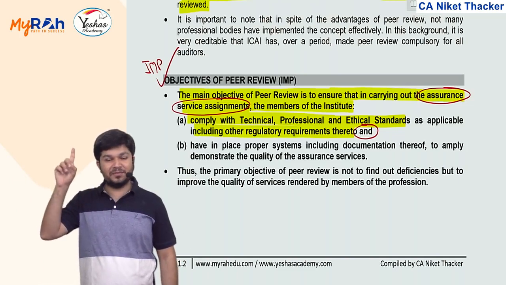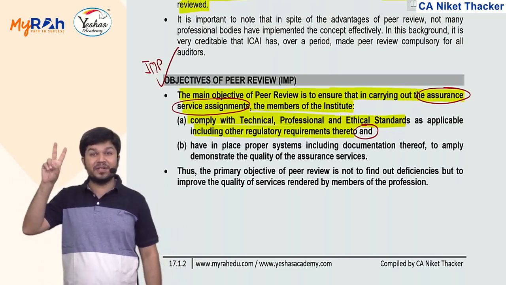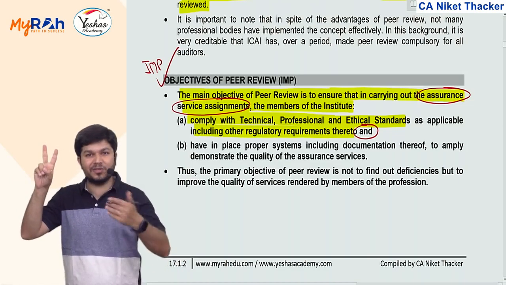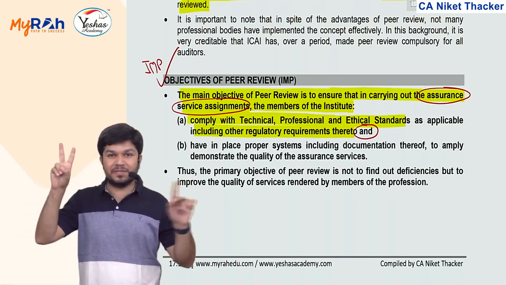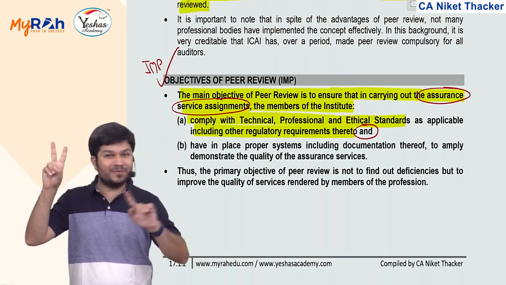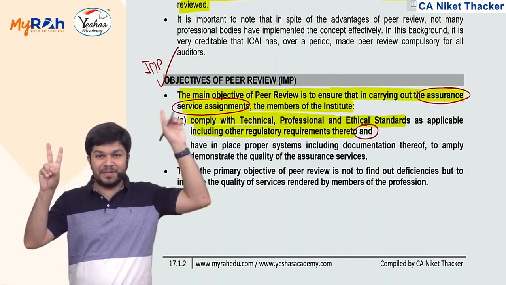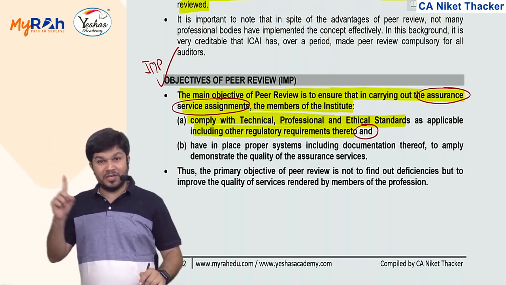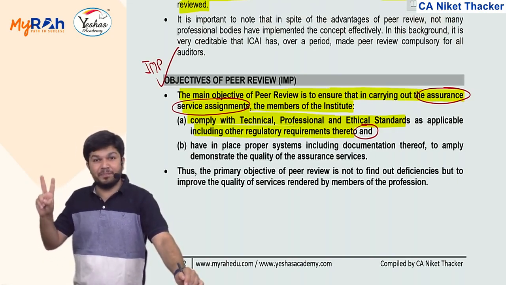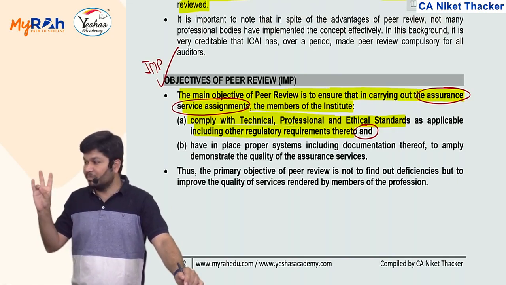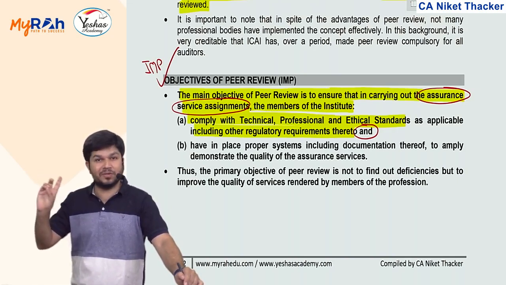Remember, in audit we give reasonable assurance. In review, we give moderate assurance. Agreed upon procedure, no assurance. Compilation, no assurance. Remember chapter 1. So in audit reasonable assurance, in review, limited review, moderate assurance, but compilation and agreed upon procedure, no assurance.